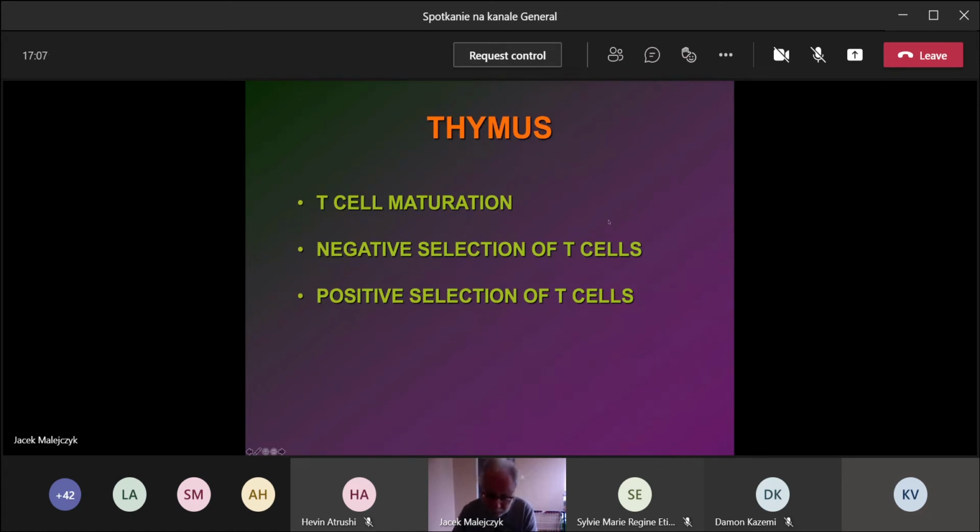The thymus is a place where these cells are educated. It means some cells, especially autoreactive cells, are eliminated by negative selection. And the cells which are best suited for the immune response in the context of major histocompatibility antigens, we call positive selection.